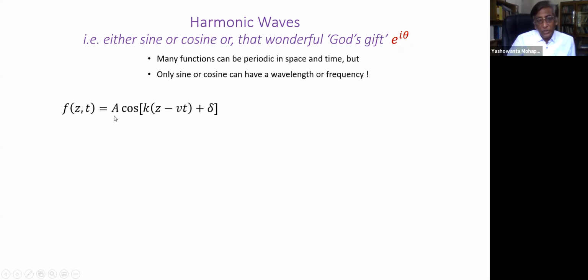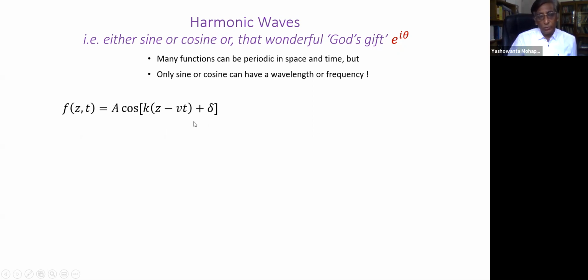If it is one-dimensional, the solution involves constants, where A is the amplitude of the disturbance. Then we'll define k. This is traveling in the plus z direction with a velocity v, and it can have some time delay at what point it crosses z equal to 0. That is a phase constant that can be there.